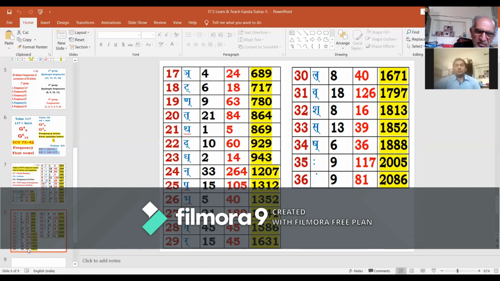See, this text, Ganita Sutras and Upsutras, as 16 sutras and 13 upsutras, availing 36 distinct letters, is of as big a range as 2086 as a TCV value.